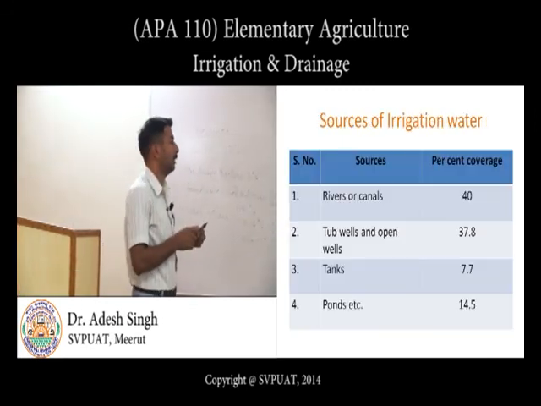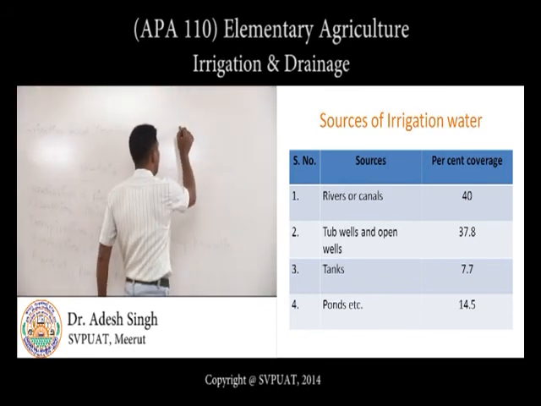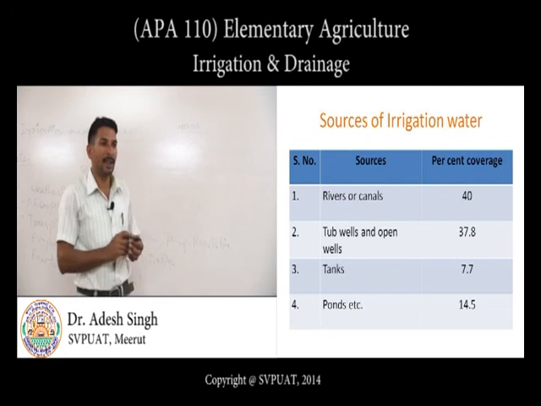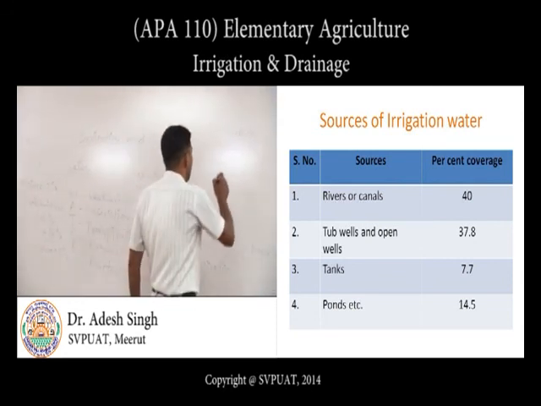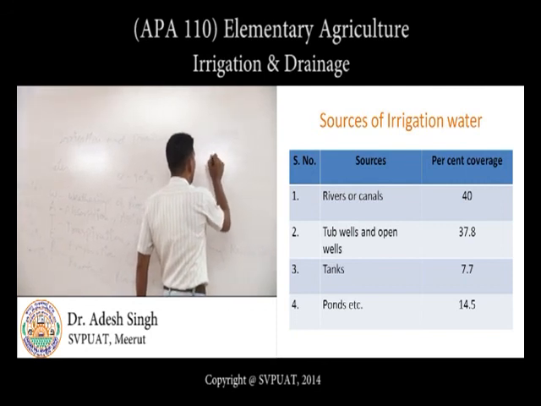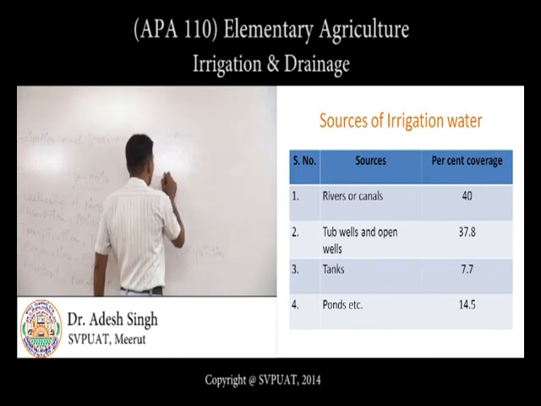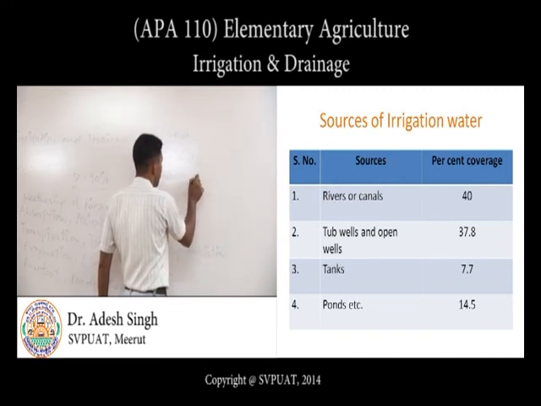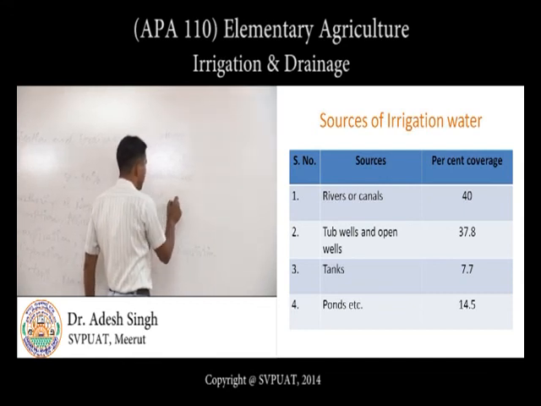As far as the sources of irrigation are concerned, in India there are 4 important sources of irrigation. One is the river or canal, then open wells or tube wells, then ponds or tanks.